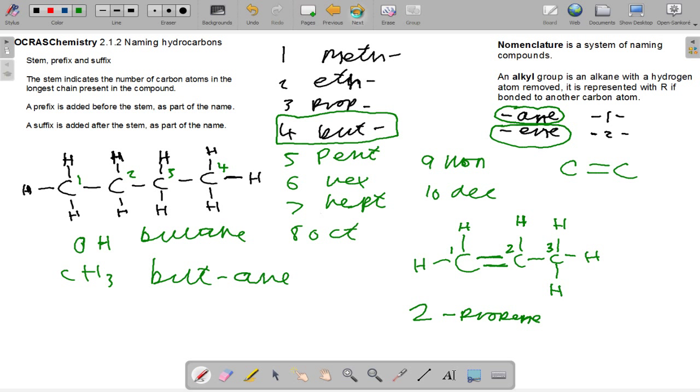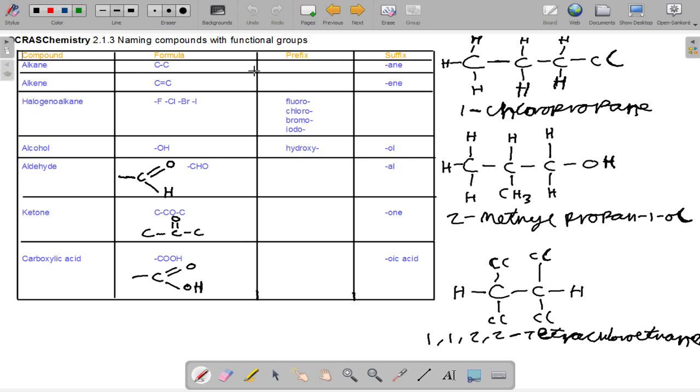So move on to naming it with functional groups. I've got more examples in this next part here. So I've got my table here. So we previously looked at alkanes and alkenes, and their suffixes are ane and ene.